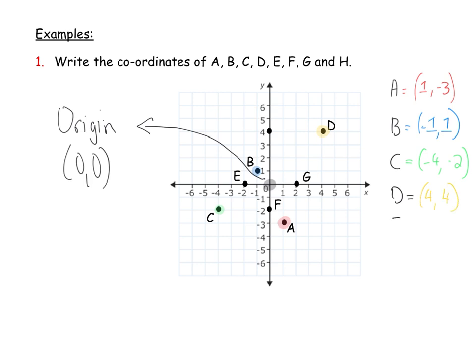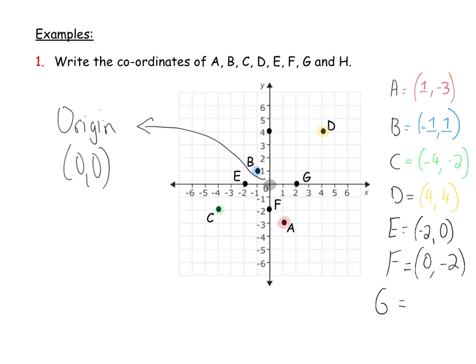Now E is next. I'm going to continue and just do them all. E is across the road 2, and we haven't gone up or down, so it's just 0. F is along the road, we haven't gone anywhere along the road, so it's just 0, but we have gone down 2.